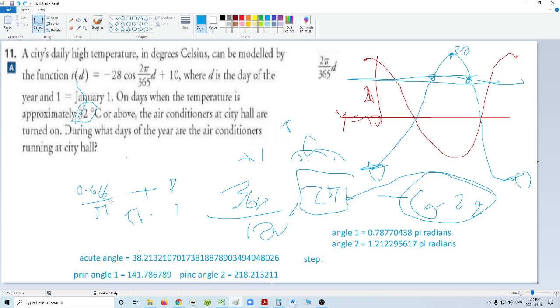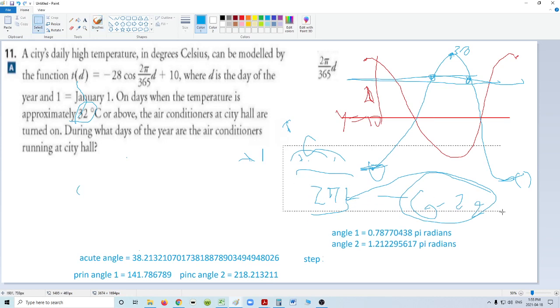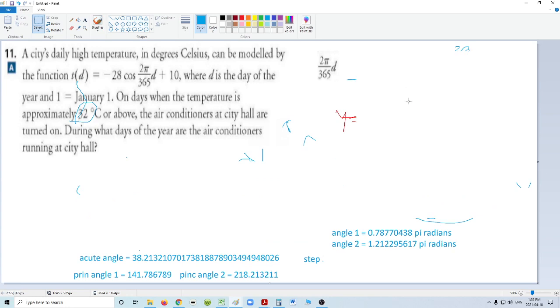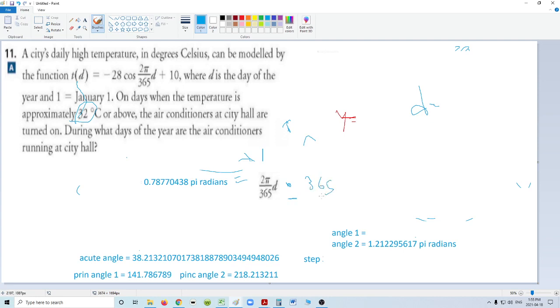But the point is I figured out the two angles. And they're in quadrant 2 and quadrant 3. And it's at this point that you bring this back and you make it equal to this equation. And we're trying to figure out what d is equal to. D is equal to. So obviously, as we discussed, you multiply by the reciprocal on both sides to get rid of it. And that is why you kept the pi out here, because these pi's cancel.